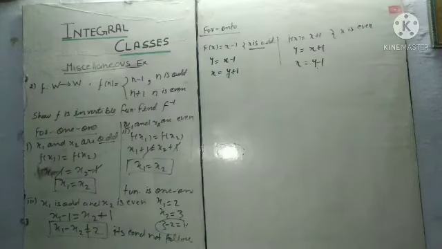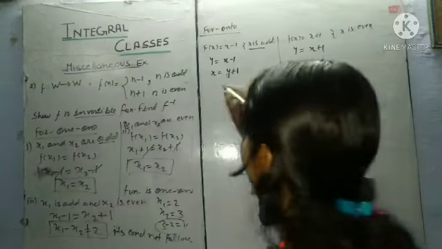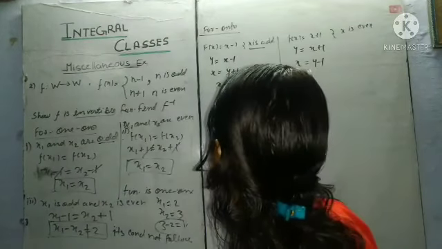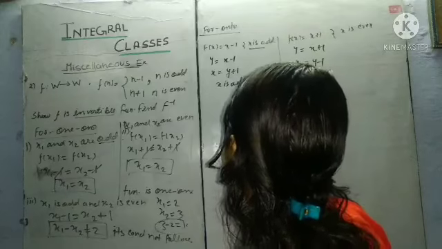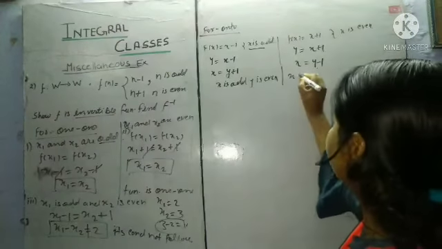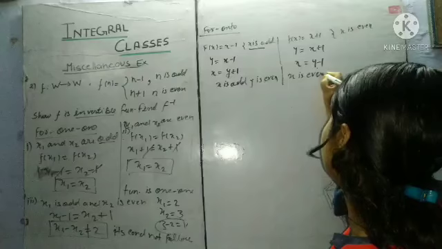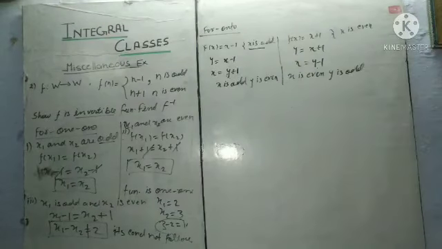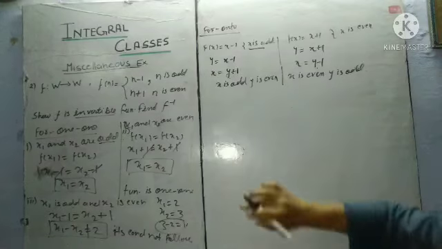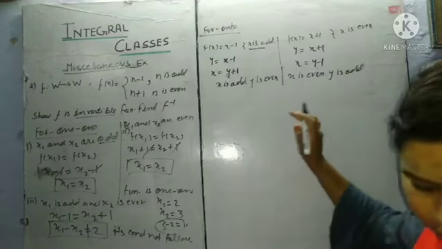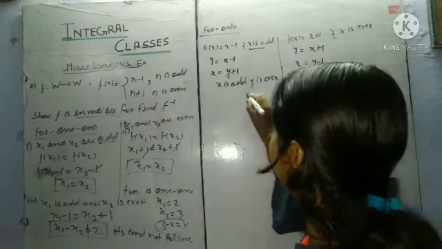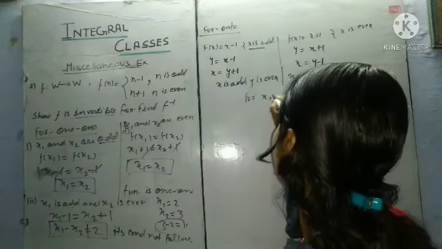So here we write x is odd, y is even, and on the other side x is even, y is odd. It means we will get all pre-images in set B. So the function is onto.